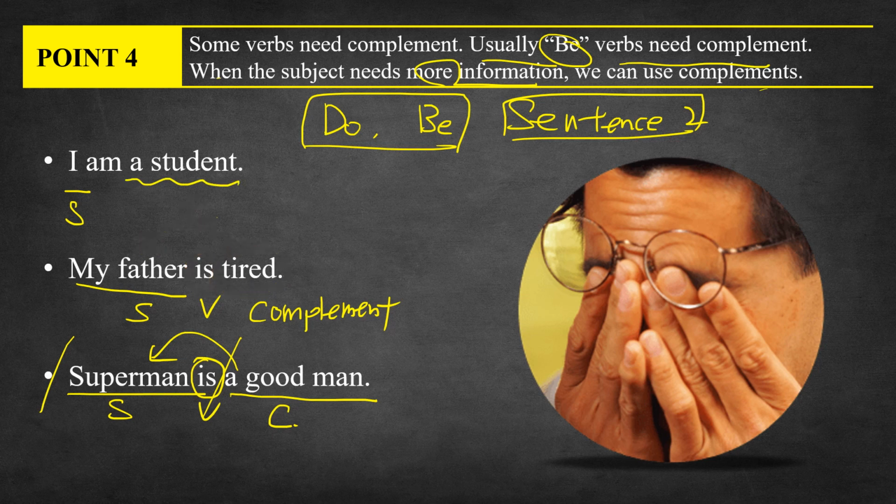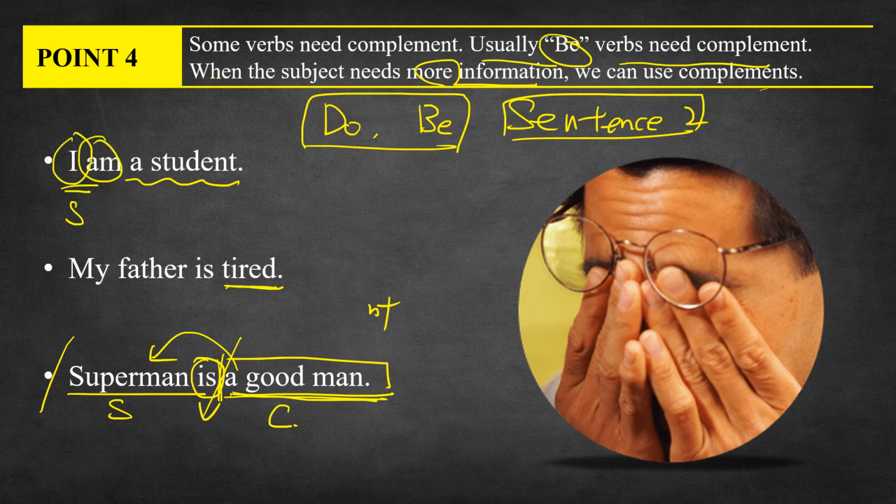Here, my father is a good man, but still, he needs a complement. And Superman, yeah, we don't doubt that he's a good man, but still, he needs a complement to be a good man. I am a student. My father is tired. Superman is a good man.